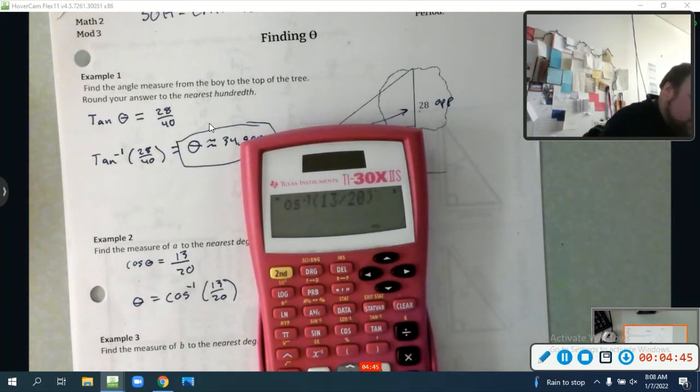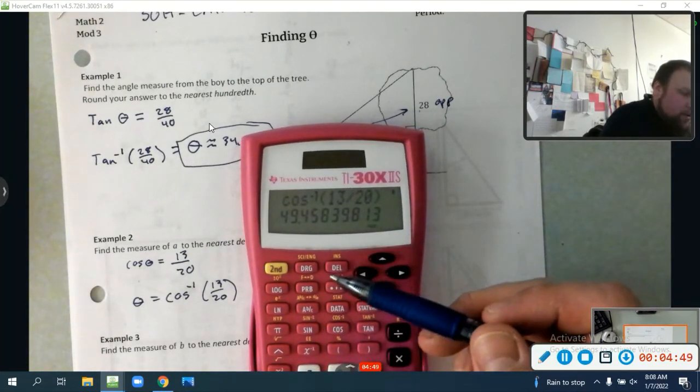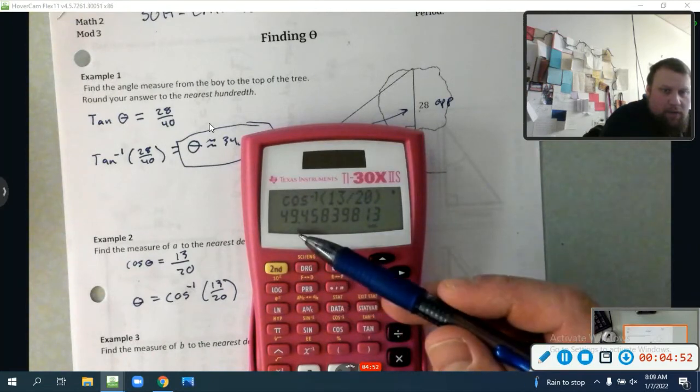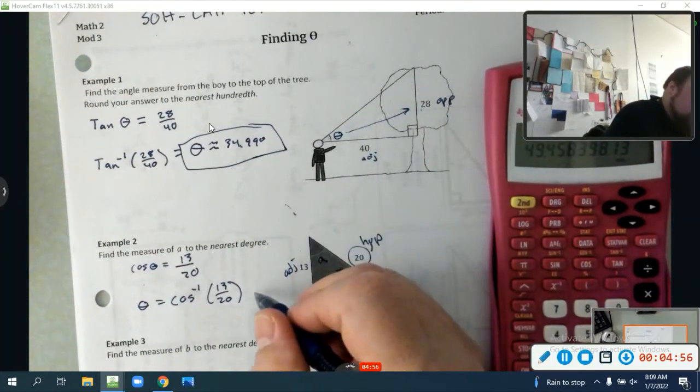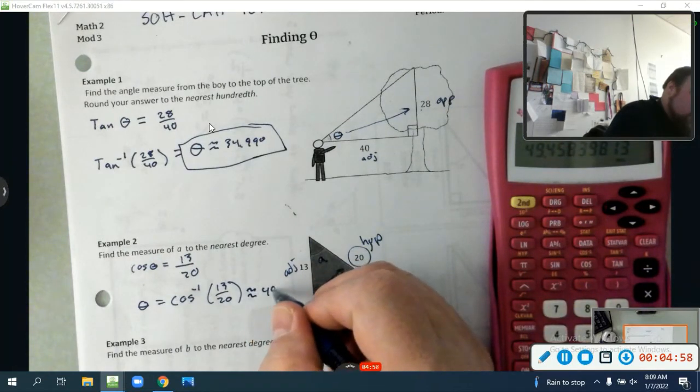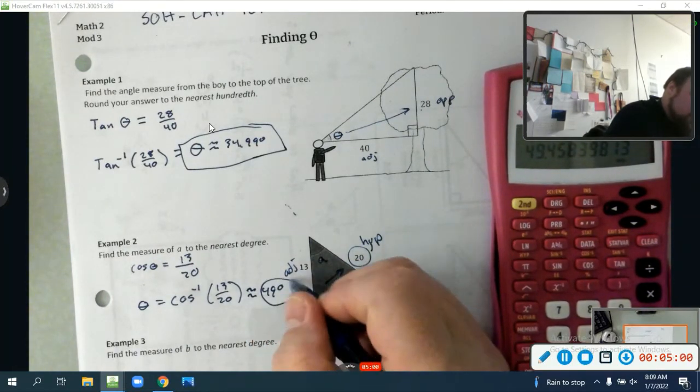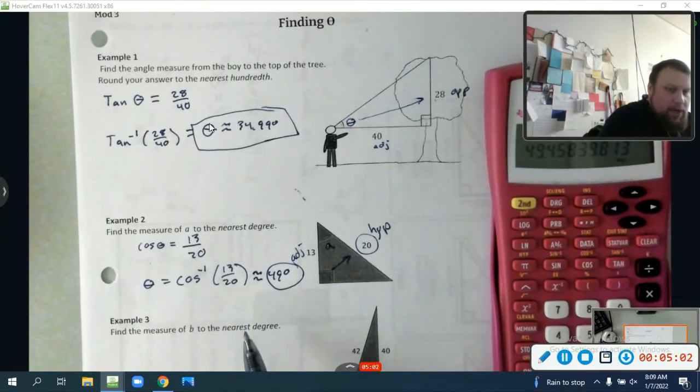Close off that bracket. This one says to round to the nearest degree, which is going to be 49.4, so just 49 degrees. So this is approximately 49 degrees.